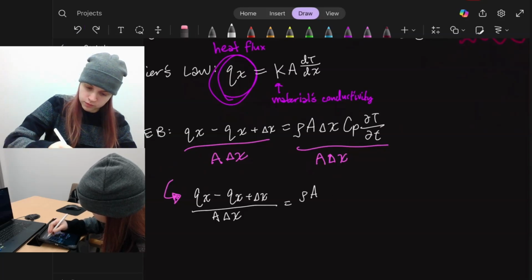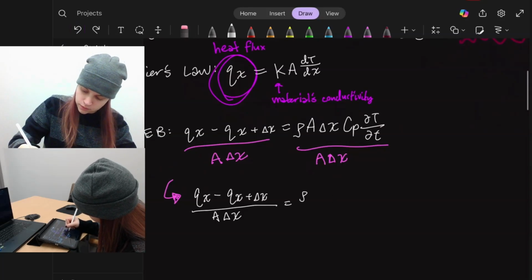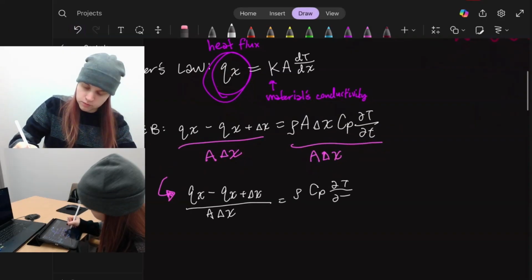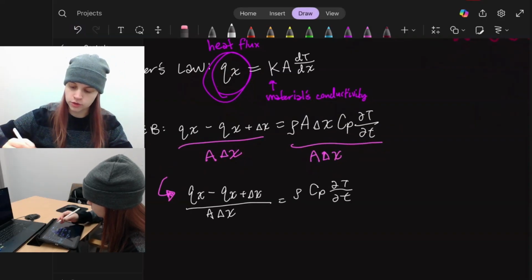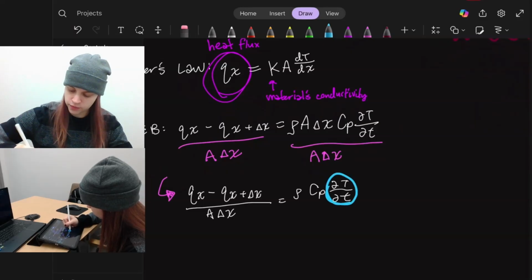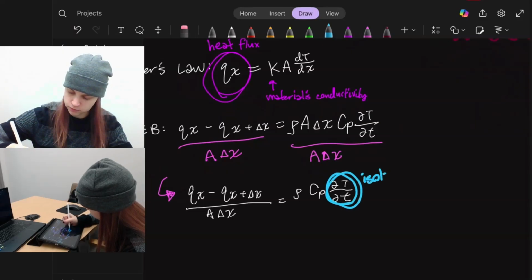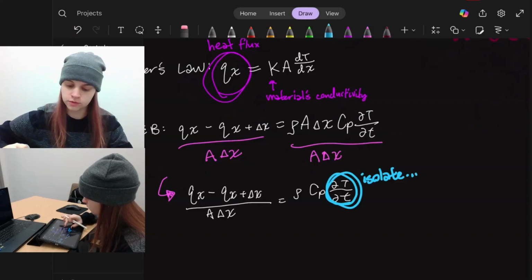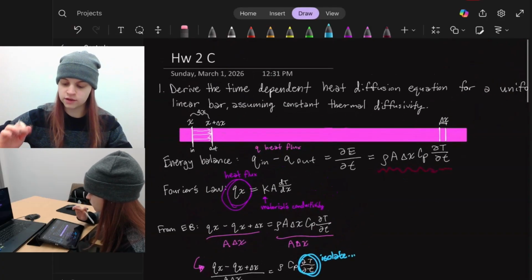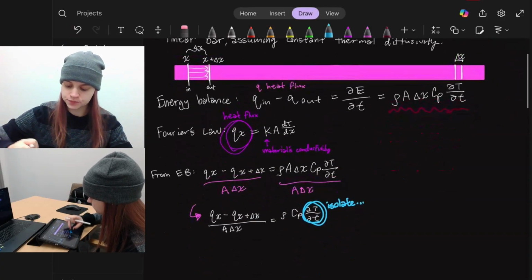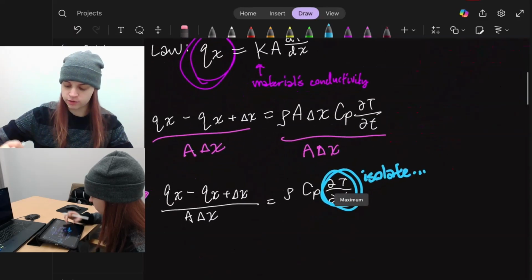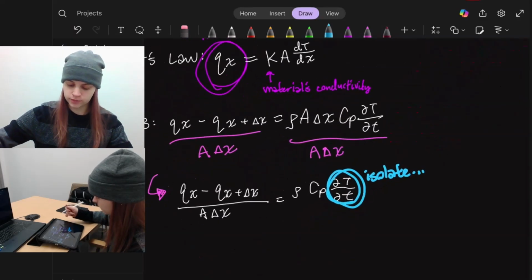Our goal is to isolate this term so that we can derive the time-dependent heat diffusion equation. We're looking at how the temperature changes with time.